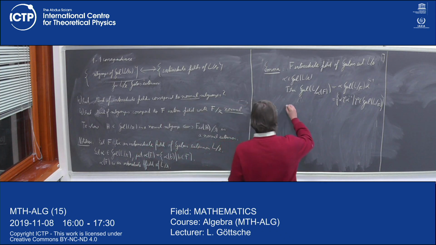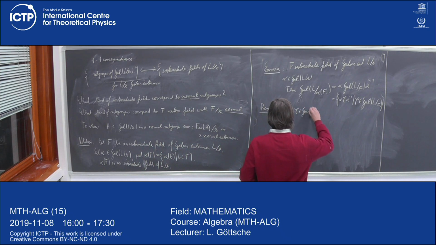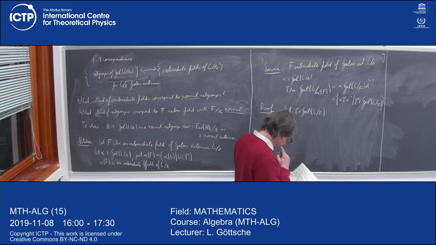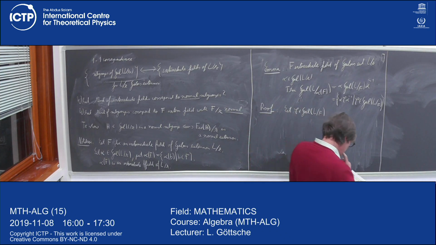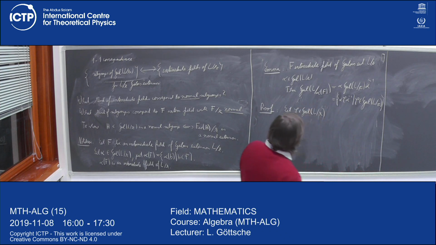So if I take any element phi in the Galois group of L over K, I know that an element in this Galois group is in particular an element here, meaning it's an element in the Galois group of L over K which is the identity on alpha F.